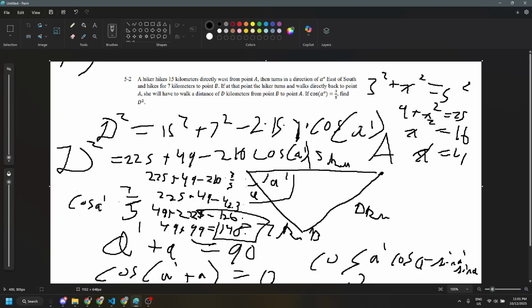I think if it's 2/5, which I'm fairly sure it is, because sine would be 4/5. Yeah, this makes sense.